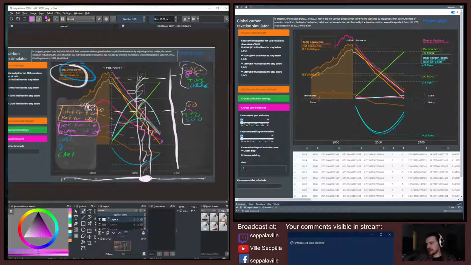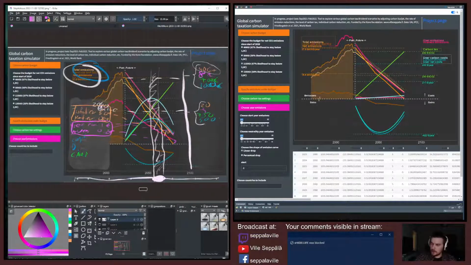Something like that. Or maybe it would have to have the pink scale as well to start with, because it would make sense to show also the average emission reduction that is needed to go lower.